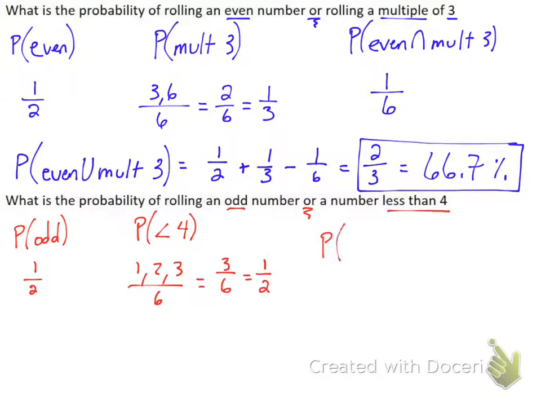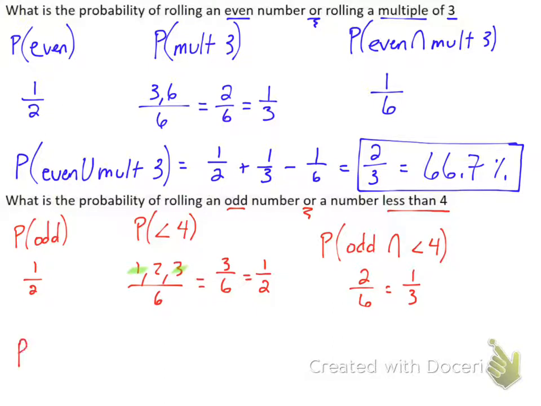Then again, finding the probability of both those happening. So an odd number, and then also being a number less than 4. When I think of rolling a die, I want to find the numbers that are odd and less than 4. And so I can see that 1 and 3 are going to be the odd numbers that are less than 4. And so I'll have 2 out of 6, which is 1/3.